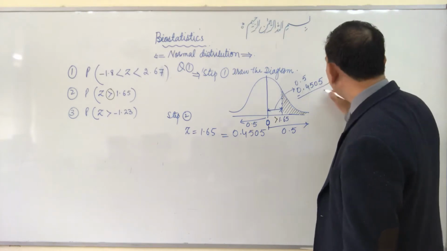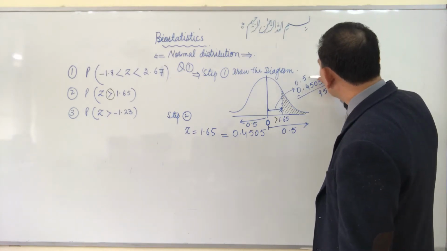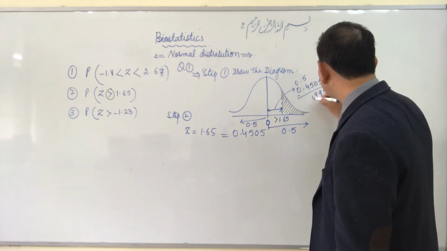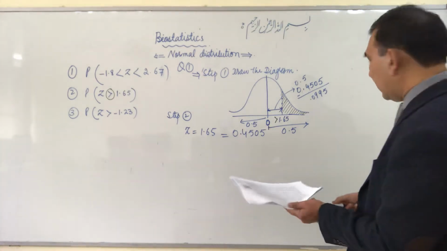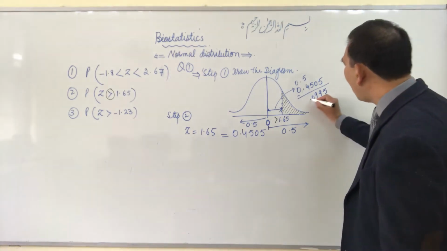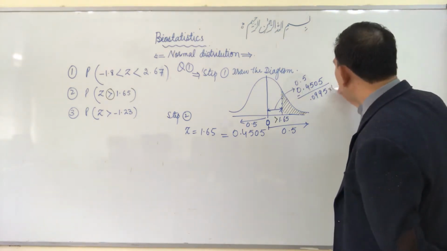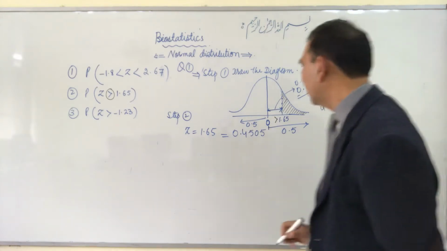So 5 minus 5 is 0, 9 minus 0, 14, 9, 0. So the result is 0.0495. Then we will multiply it by 100. It will be 4.95%.